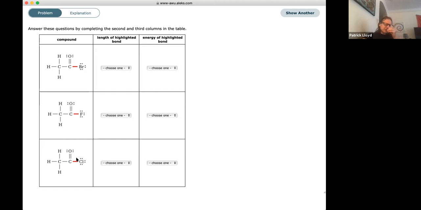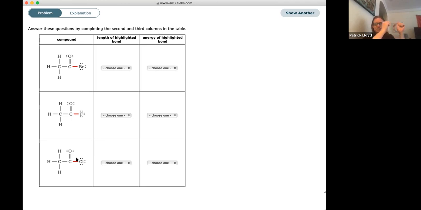Now, what about the energy? Well, it turns out the further away the atoms are, the weaker the bond. And the closer they are together, the stronger the bond. Okay, so what that means is the bond energy does the reverse of the bond length.